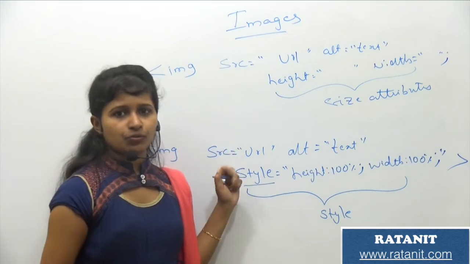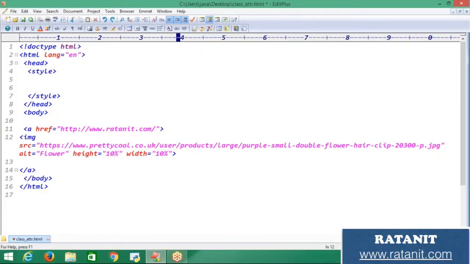Now I am going to execute this program. Image tag, right? In this image, this height and width are there. I am going to replace this size attribute with a style. So now I am going to use some style over here. Style needs to follow with assignment and in quotation.